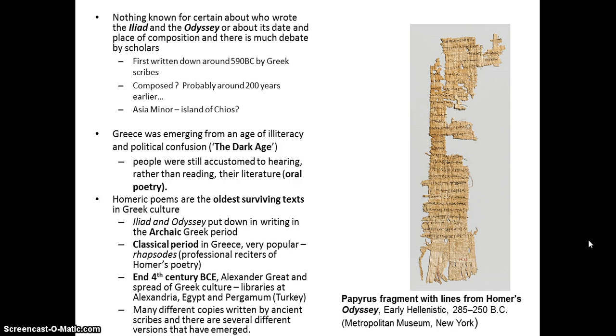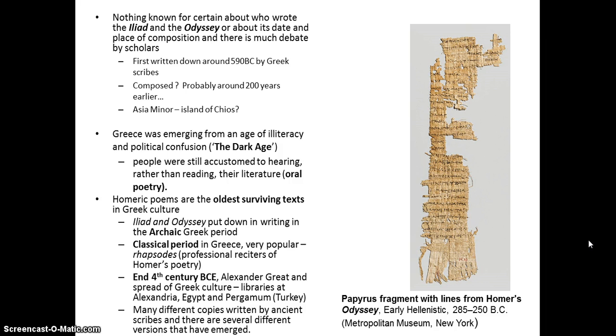And there are different views concerning his date and birthplace. However, many scholars agree that the poem was first written down around 590 BC by Greek scribes. However, they think it was composed or created much earlier, probably around 200 years earlier, sometime in the 8th century BC.